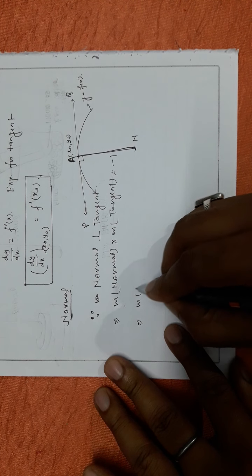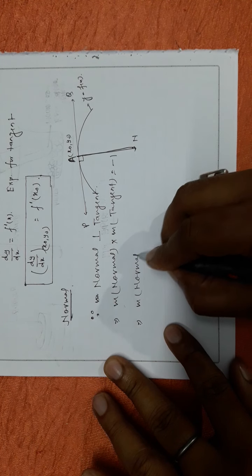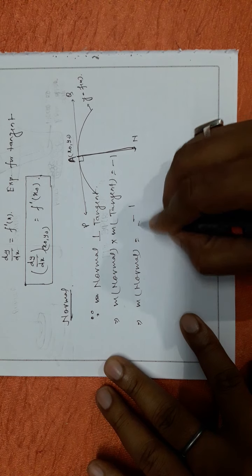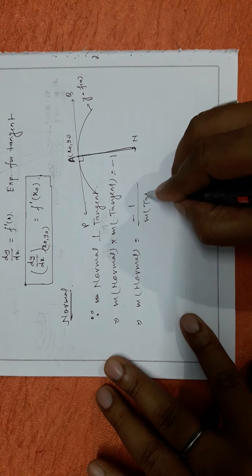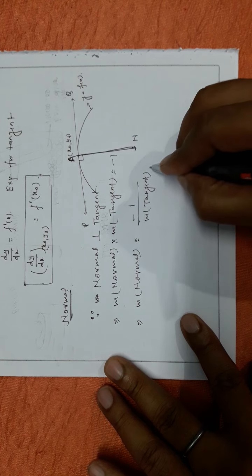It means slope of normal is given by -1 by slope of tangent.